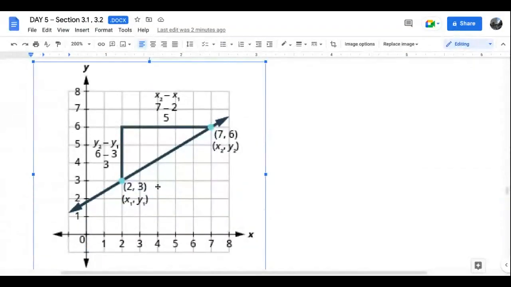Okay, formula for slope of a line. We have these 2 points. We call the first point x1, comma y1, and the second point x2, comma y2.